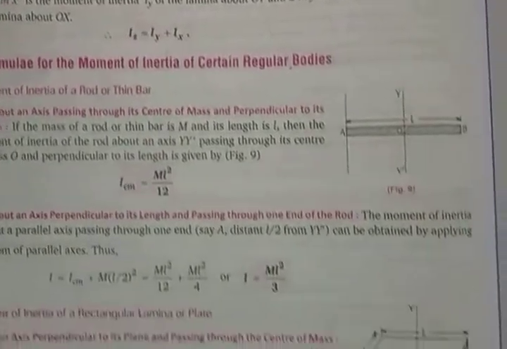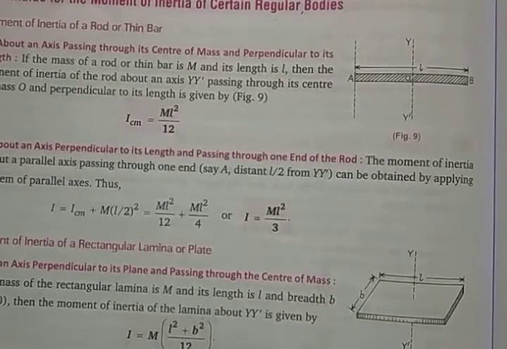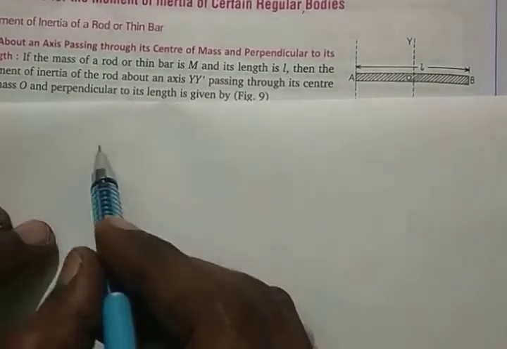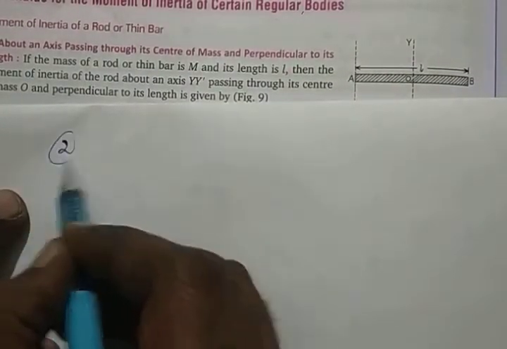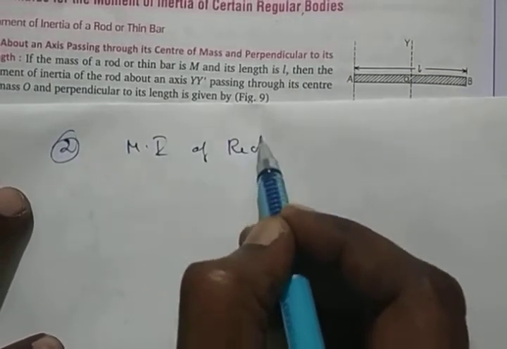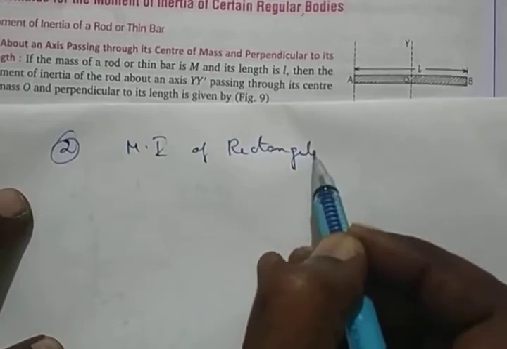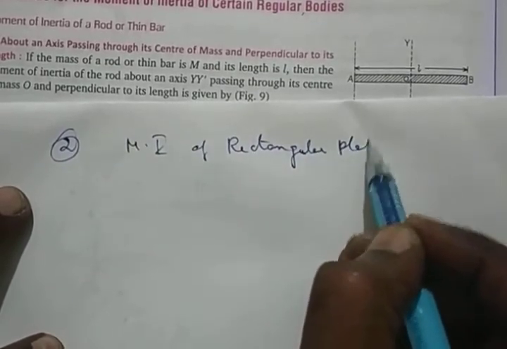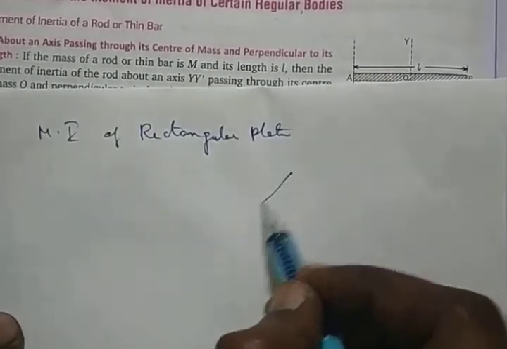Moment of inertia of a rectangular lamina or a plate. Second one, moment of inertia of a rectangular plate or a lamina.